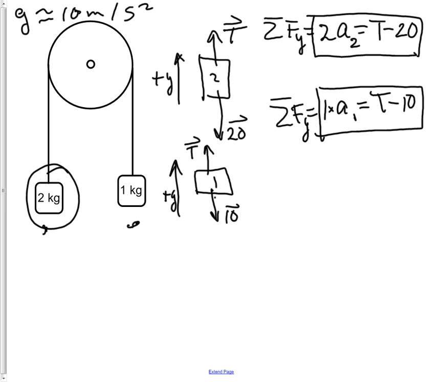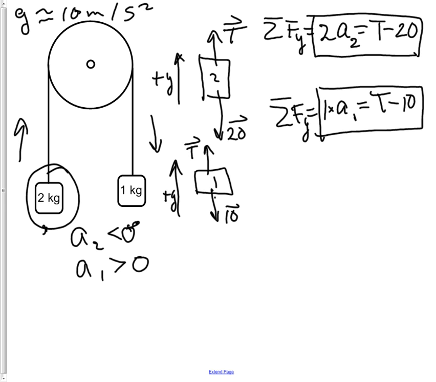The 2 kilogram object, if it's moving in the positive direction, is going to be slowing down. Okay, and so a sub 2 is going to be negative. And if they're moving in this direction, then this guy will be moving in this direction, and he'll be slowing down too, but he's going down. Okay, so a sub 1 will be positive.